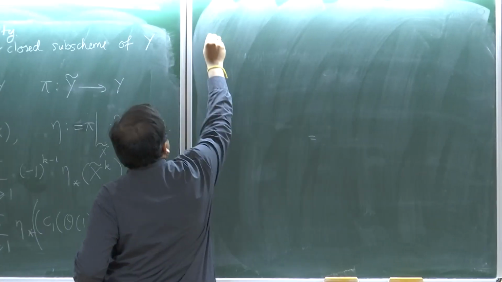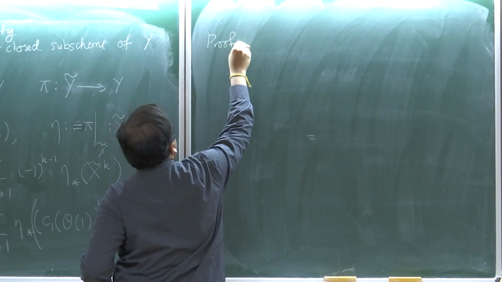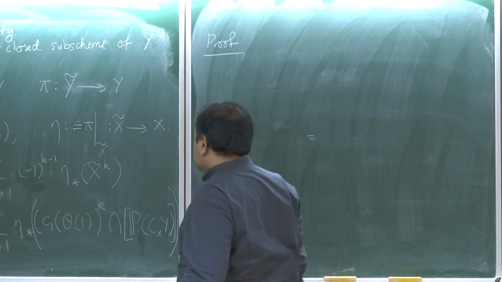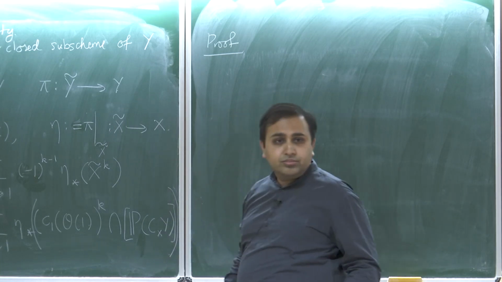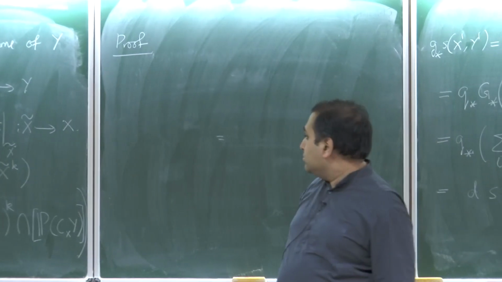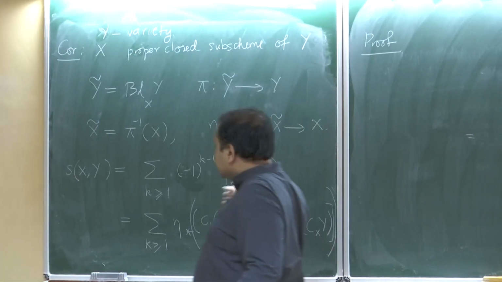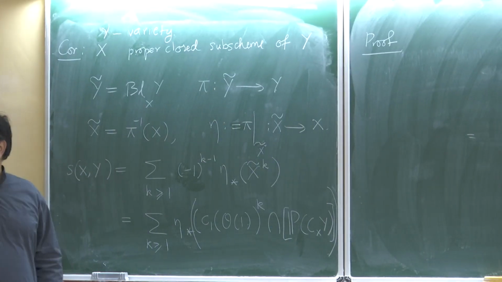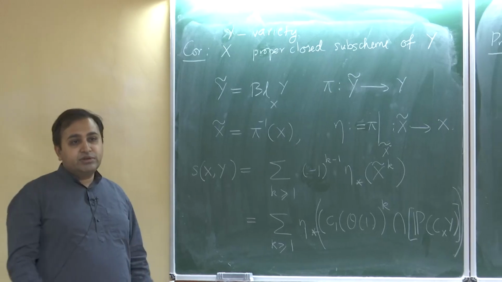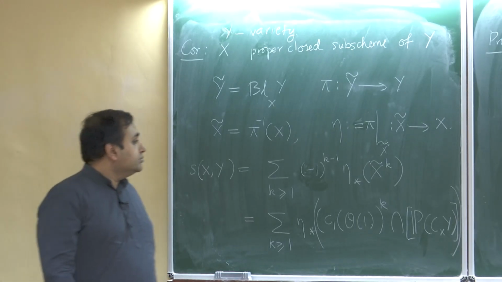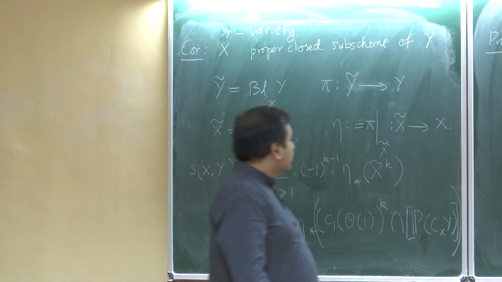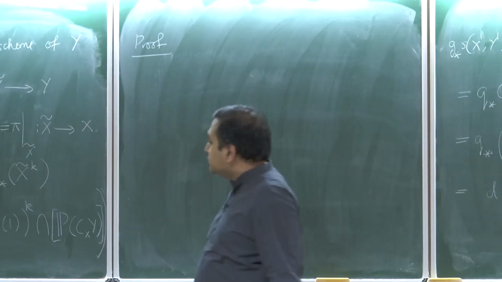Okay, so proof. One thing: X tilde is a divisor, right? So I can just take the intersection of the divisor with itself. So how do you think we should prove this?